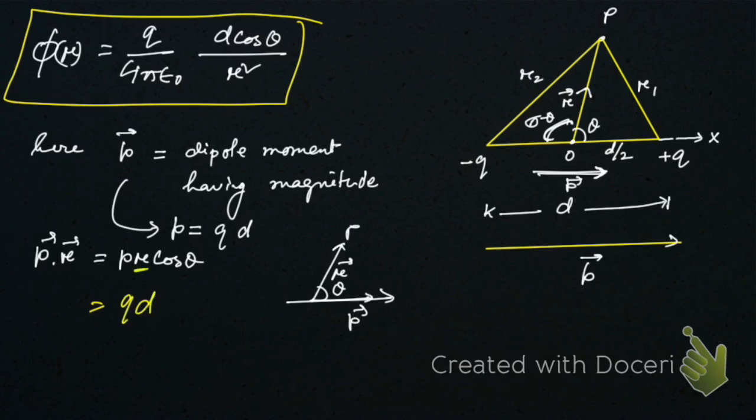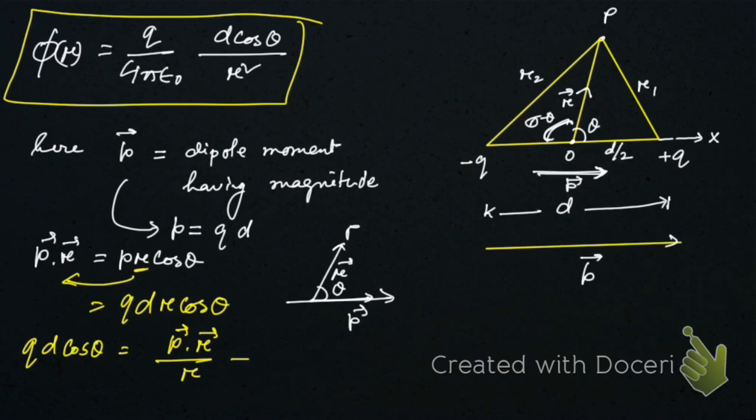So here we have r cos theta, right? Into the r cos theta. So p d r cos theta, as we have got, so here we have q d cos theta, so we can write q d cos theta is equal to p vector dot r vector divided by r, right? So hope you have understood this.